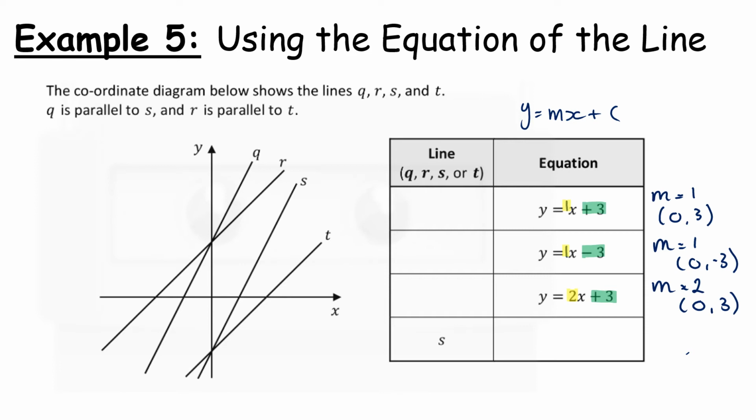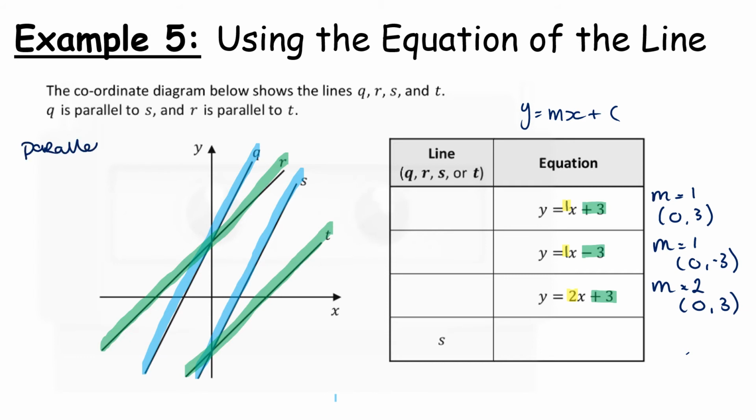The coordinate diagram below shows the lines Q, R, S and T, and it tells us Q is parallel to S. So Q, this line here, is parallel to S. And here we have R is parallel to T. So as we know, parallel lines mean they have the same slopes.